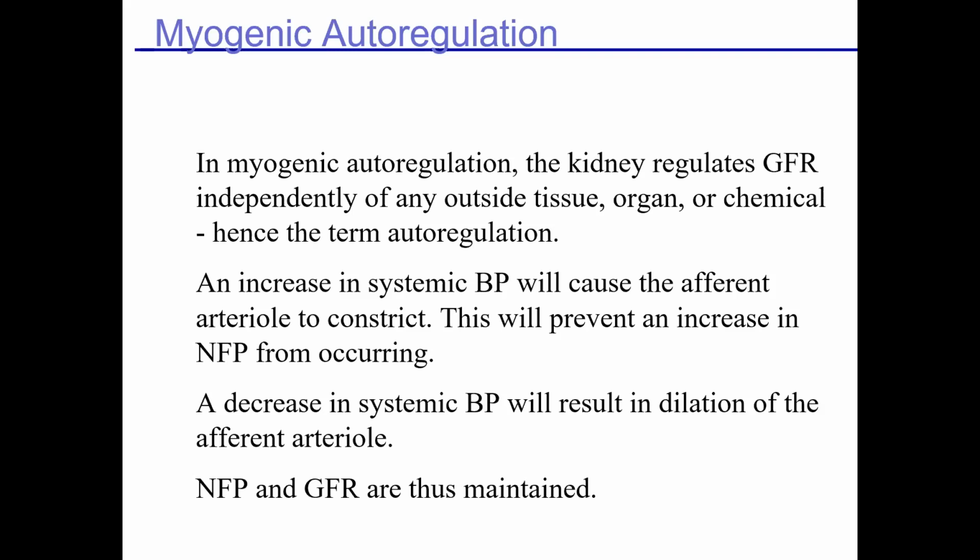We don't need any outside influence to tell us how to do this. The kidneys will auto-regulate because they will monitor blood pressure. They're going to pick up on blood pressure. They've got baroreceptors. They measure volume and they know what the pressure is. They can fix that right away.